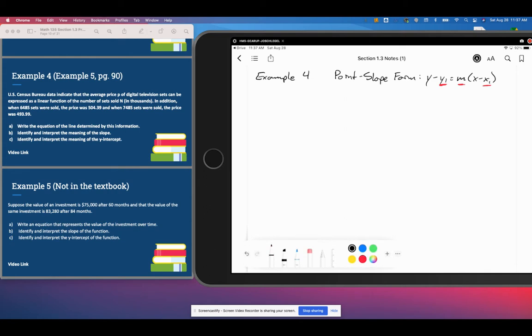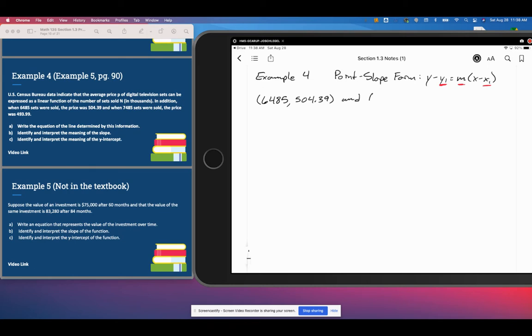We do have 2 points that we were given because of the information shared with us here. Our first point is going to be 6,485 as our x value and 504.39 as our y value.